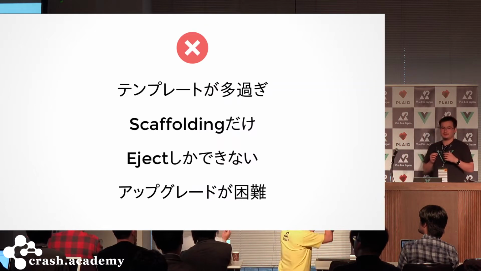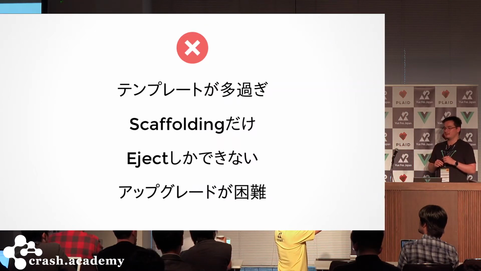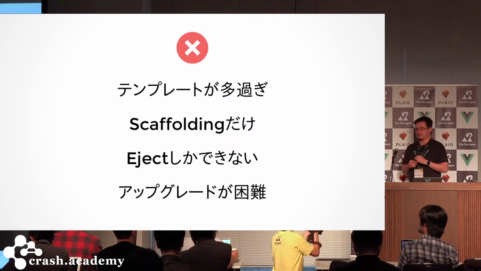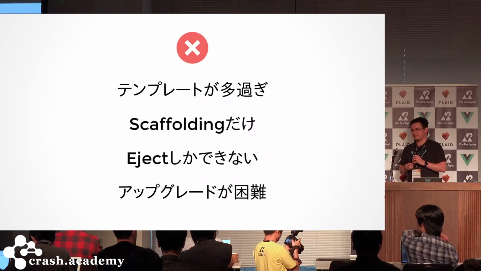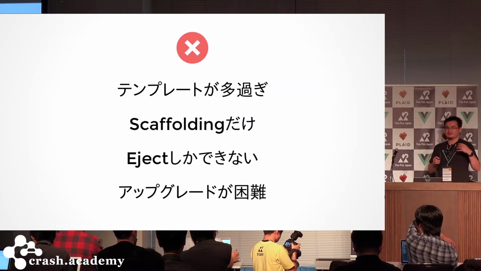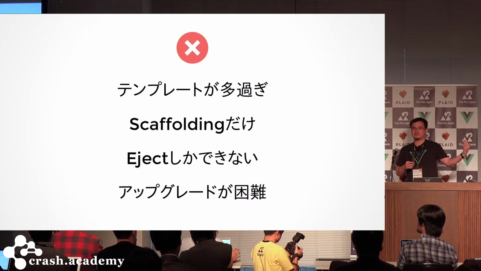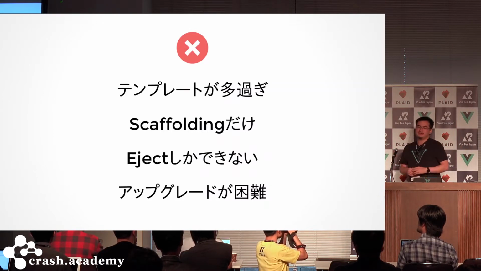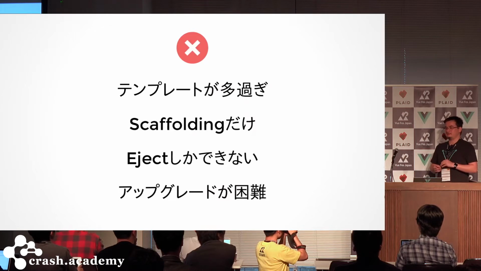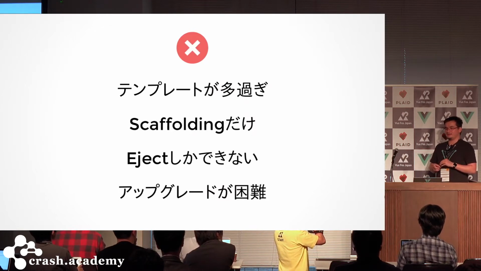For example, the TypeScript team made a fork of our Webpack official template to support TypeScript, and they had to painfully upgrade from our official repository to theirs, and it was very painful and required a lot of effort.